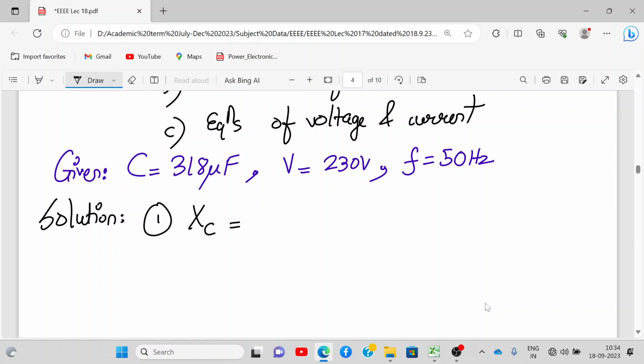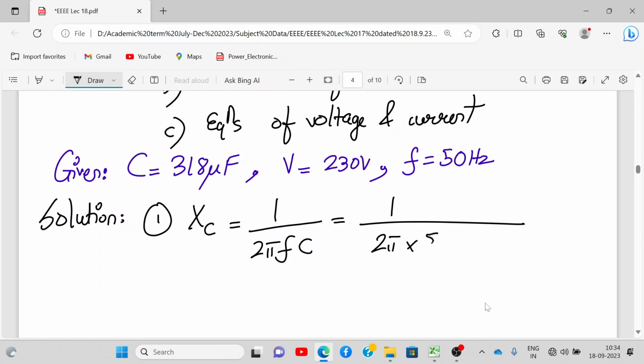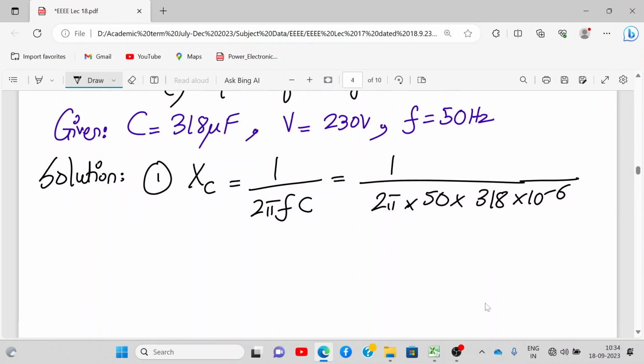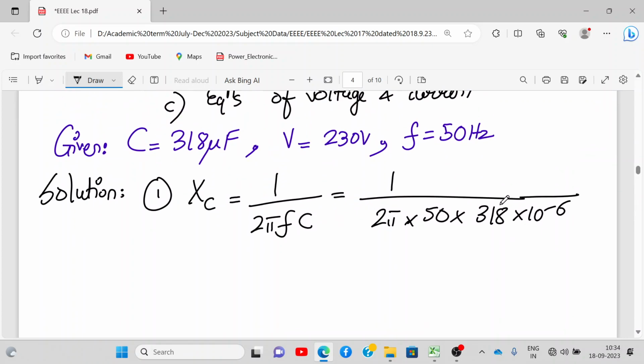XC, capacitive reactance XC is given by 1 upon 2 pi FC. So please substitute the values 1 upon 2 pi into 50 into 318 into 10 raised to minus 6. Here students make a mistake. They don't put 10 raised to minus 6 and the answer is wrong. So micro means 10 raised to minus 6.